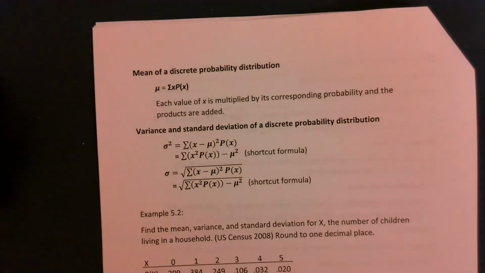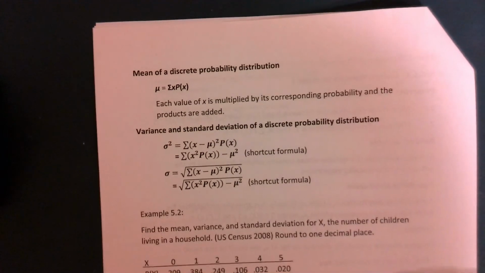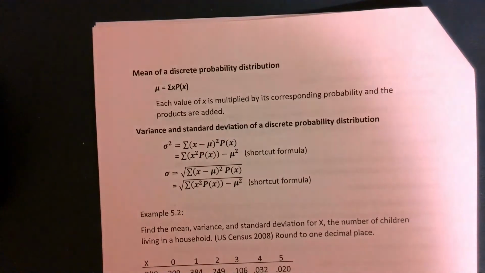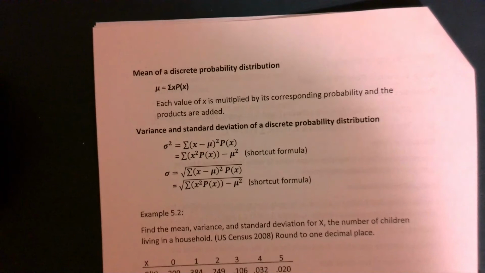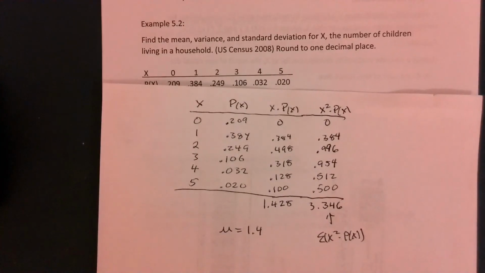We get 3.346. And so this will be the sum of x squared times p of x. Okay, so we just added our new column.